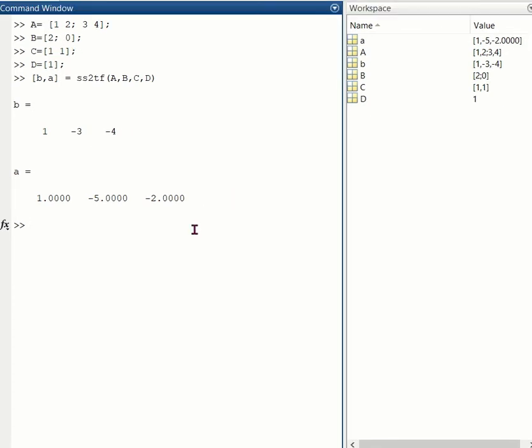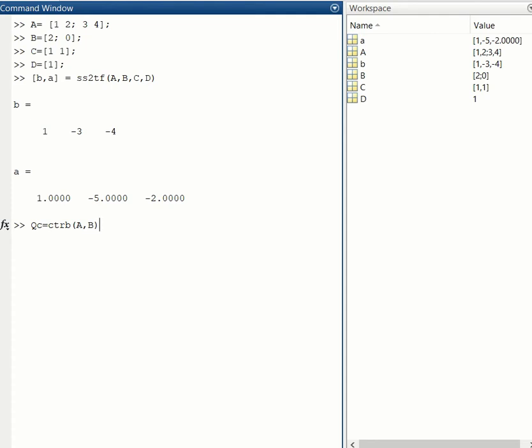To find the controllability of any system, we have a very short command, very easy to remember: ctrb, which finds the controllability matrix of the system. We learned in the theory classes that the controllability matrix is given as QC, which is ctrb(A, B).